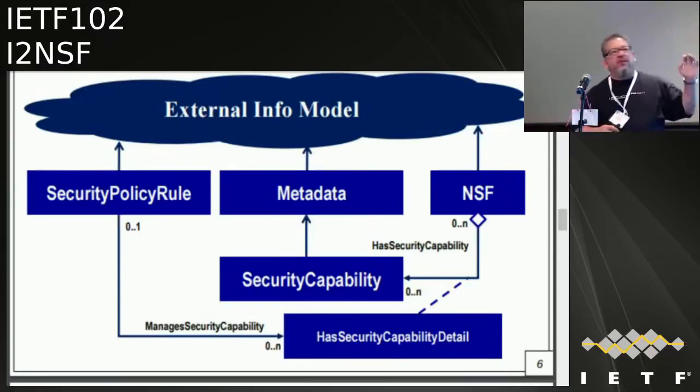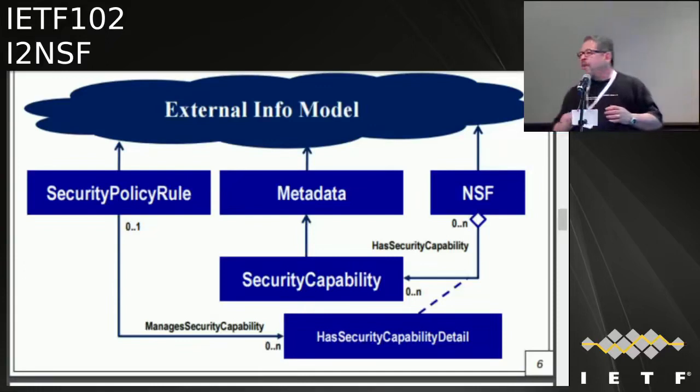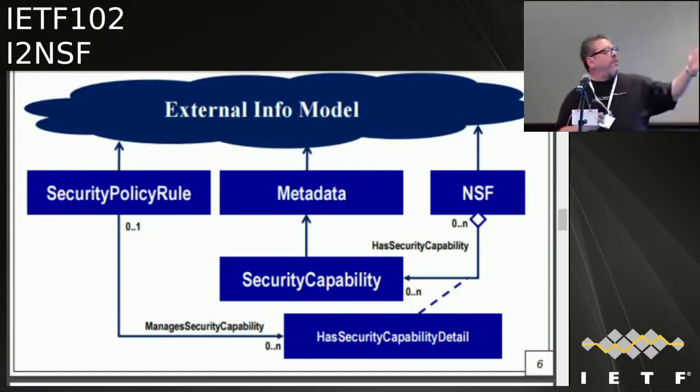One for representing capabilities, which are a type of security, and the second for representing policy rules. And if the external information model doesn't have it, then a third fragment can define NSFs.